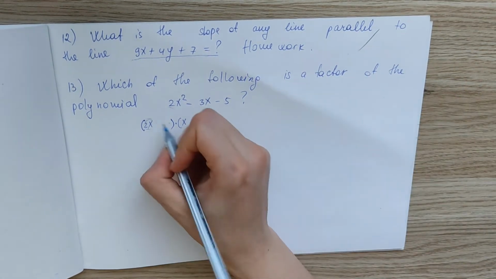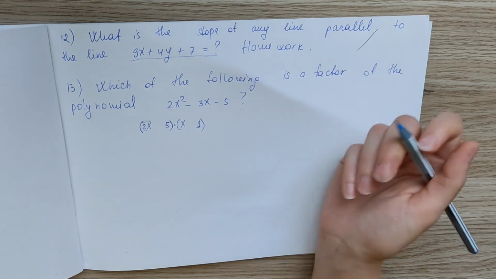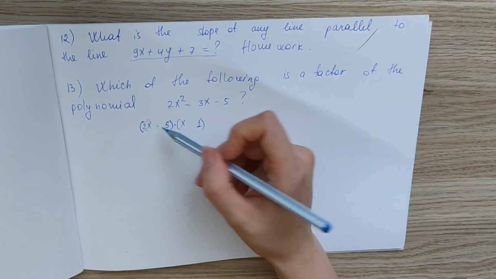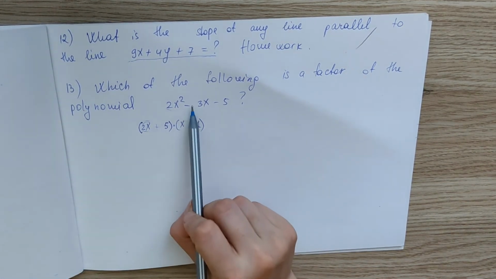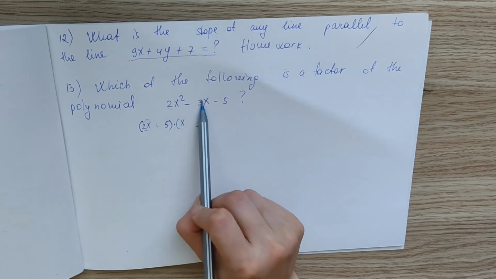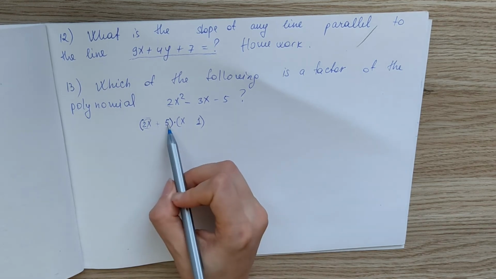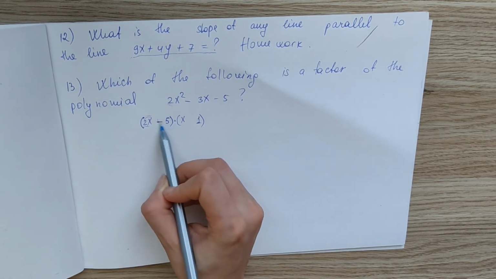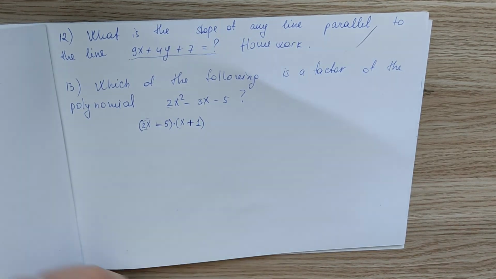So let it be 5 and let it be 1. What about plus and minus? Which of them should be plus and which of them should be minus? We will get it by this. So it is minus 3x. It means that our greater element should be minus, and the smaller element should be positive.